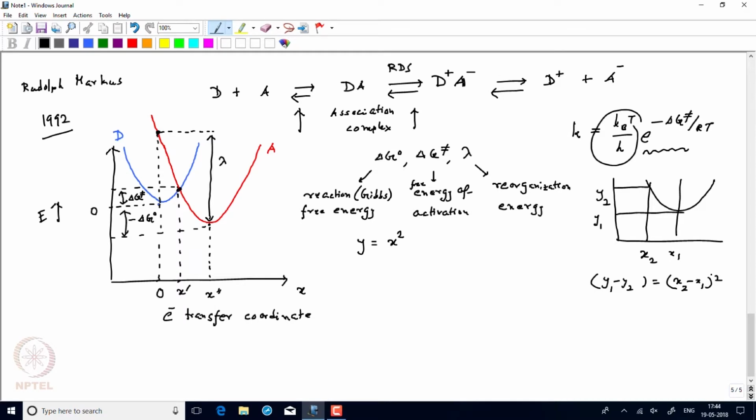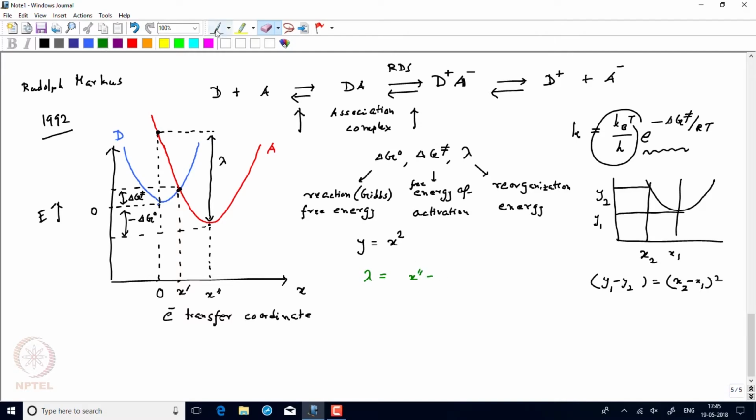In the same way, y1 minus y2 in this case is lambda, so the reorganization energy lambda is nothing but x double prime minus x prime. The x prime here, the other coordinate, as you can see, is basically 0.